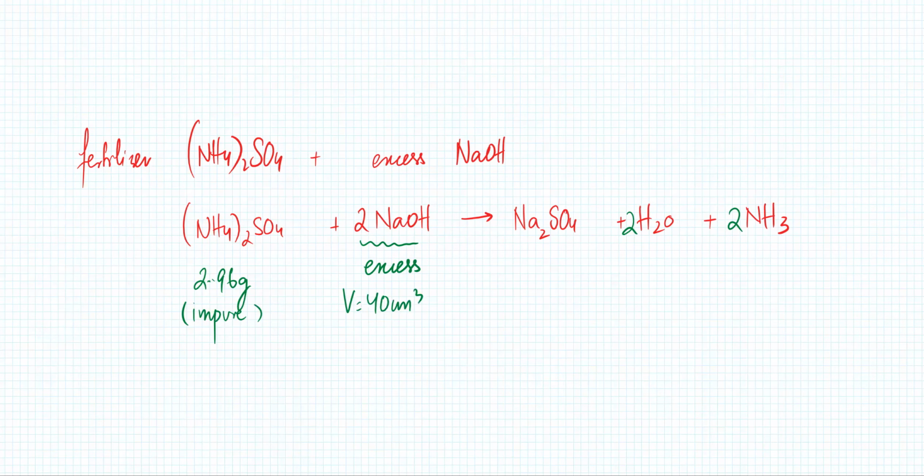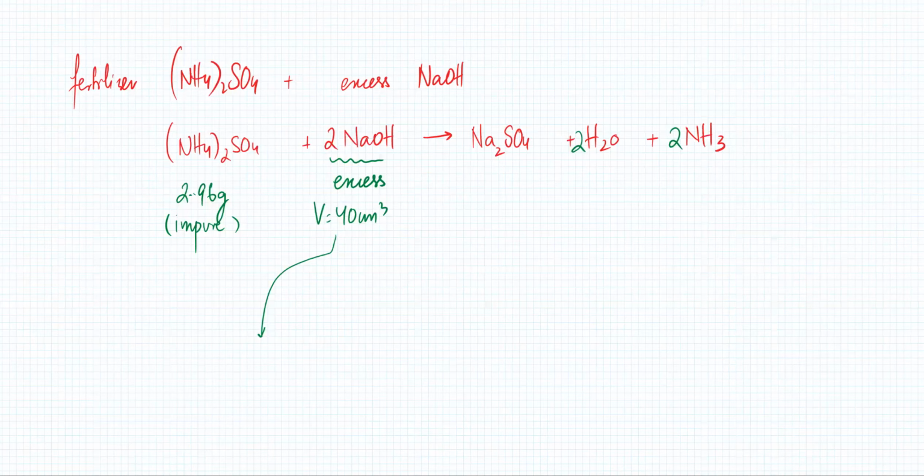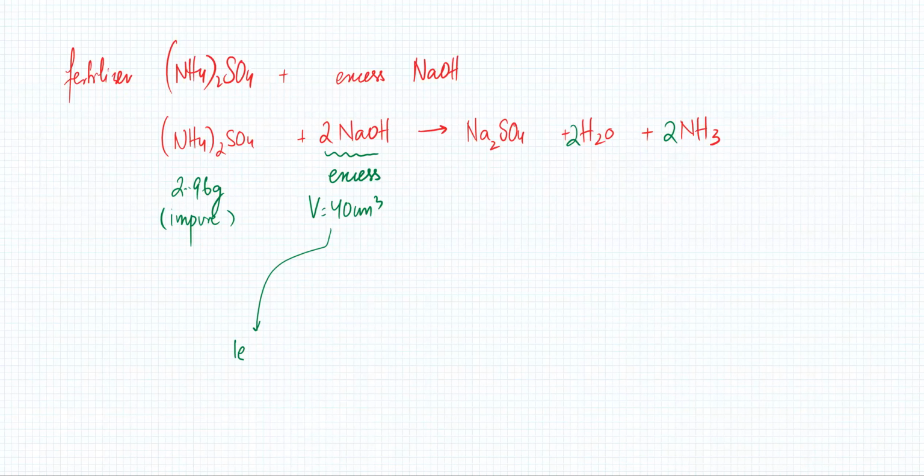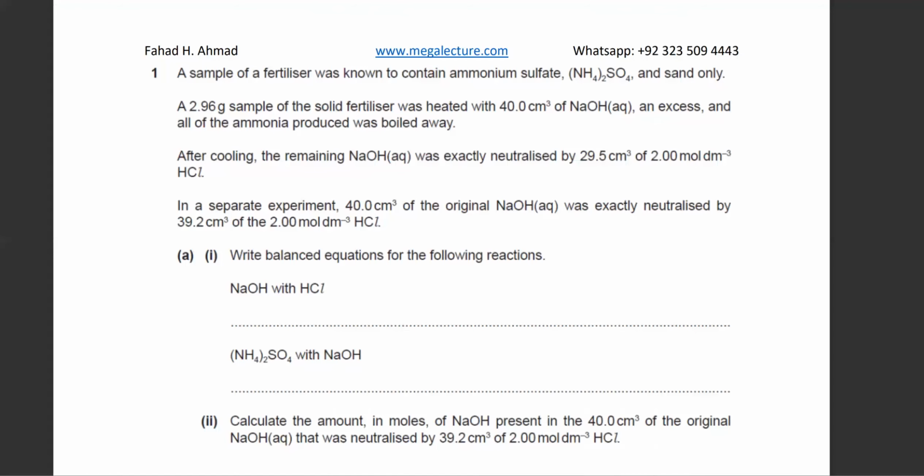So this is in excess, so there's going to be some leftover NaOH, and that leftover NaOH reacts with HCl and produces NaCl plus H2O. What was the volume used? The volume used was 29.5 cm cube, 2 mole per dm cube.